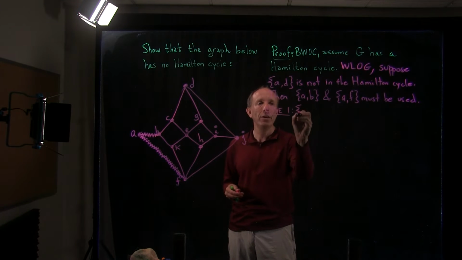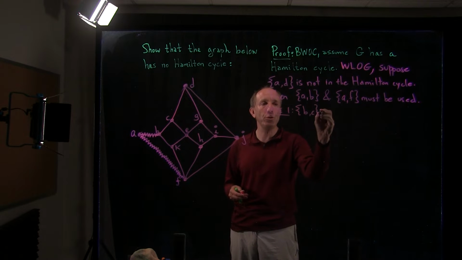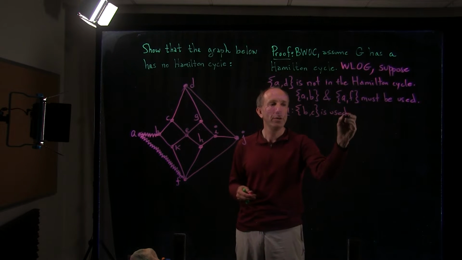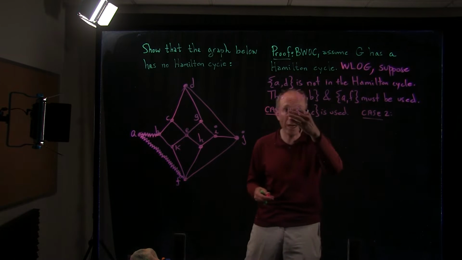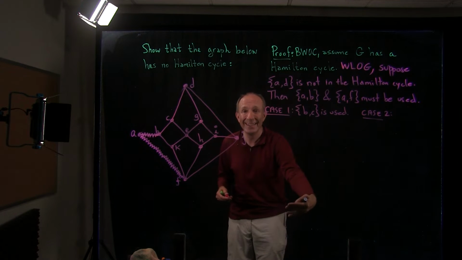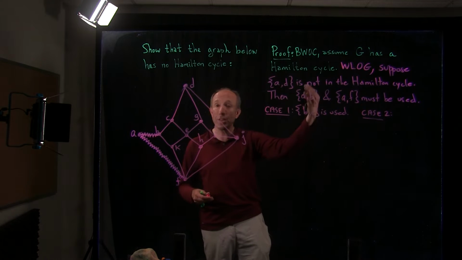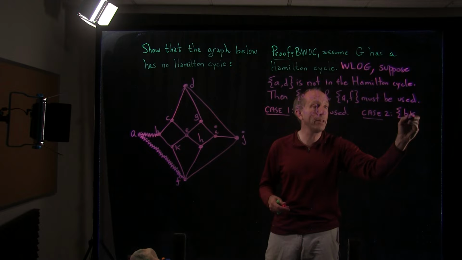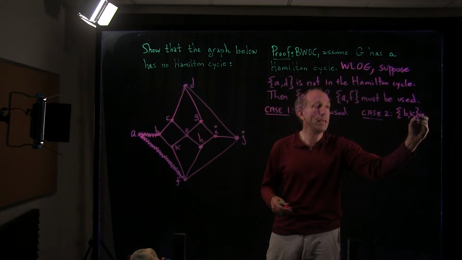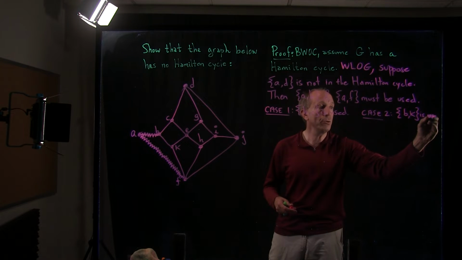Case 1, where BC is used, and then in a little while I'll come back. I'm going to try to obtain a contradiction here. Once I've obtained a contradiction in case 1, I will come back to case 2, which would be that the other edge, which is BK, is used.